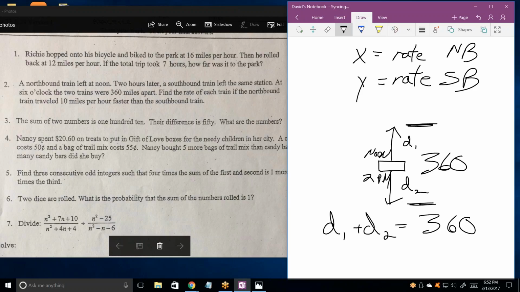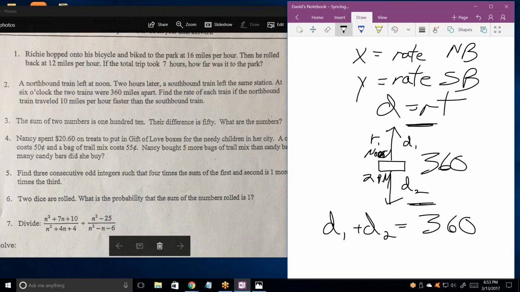Now let's use our D equals rate times time to figure out what the northbound train must be going. What is its rate? In other words, they're going at different speeds, but what's R sub 1? What's the rate of the northbound train just according to a formula? It's R sub 2 plus 10.